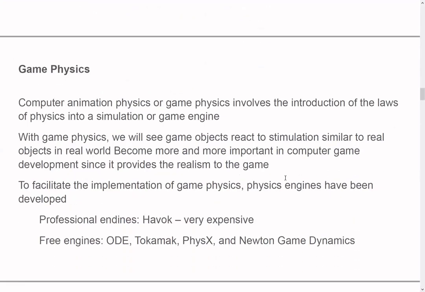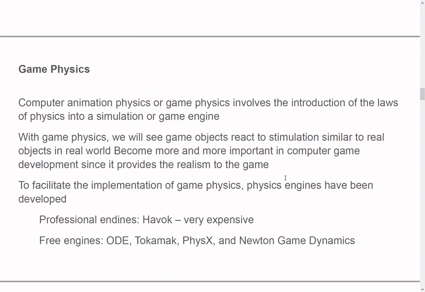So when we look at game physics in general, computer animation physics, or in general, game physics, involves the introduction of the laws of physics into a game engine. What we basically do is introduce Newton's laws of motion into a game engine through game physics.